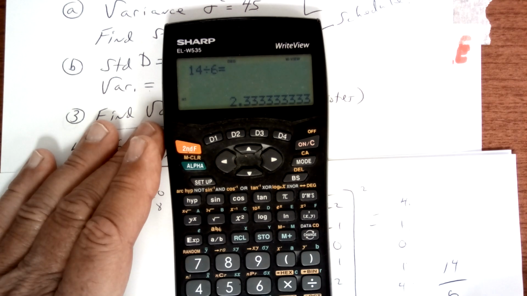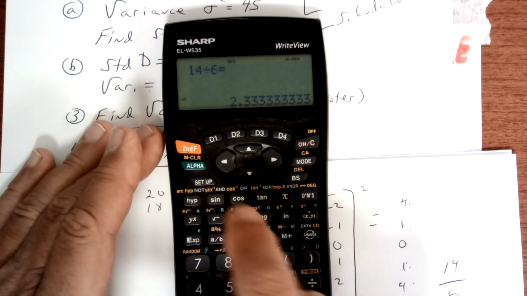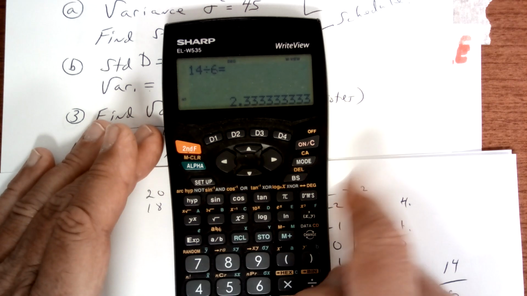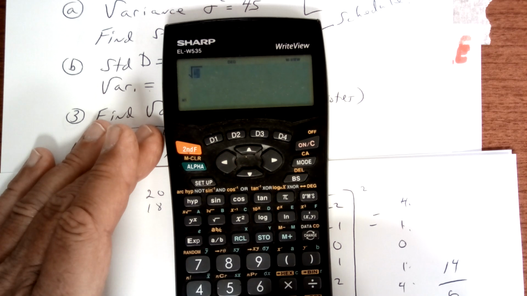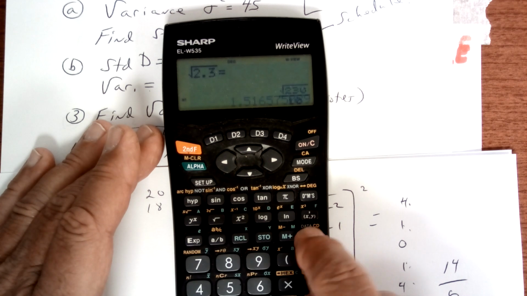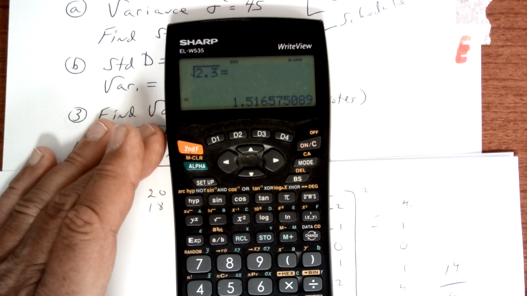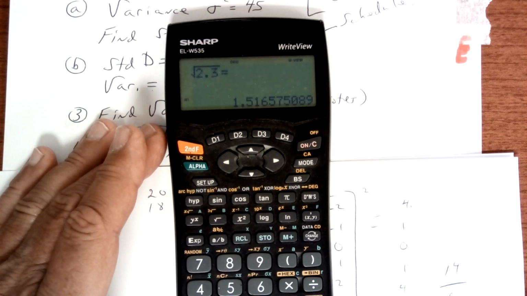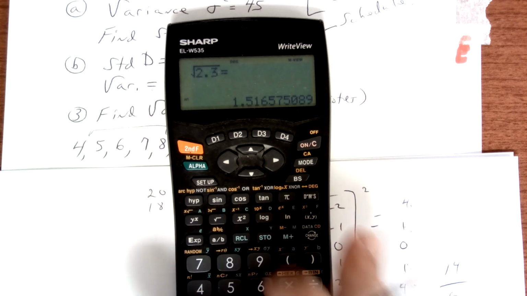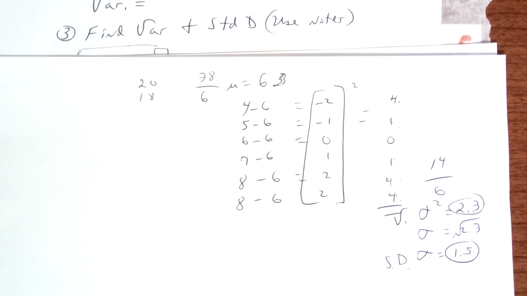And therefore, the standard deviation would be the square root of 2.3, 1.5. Okay, so I got the variance and the standard deviation. Okay, there we go. And just follow the directions on the board. Okay, if you didn't quite see it, there it is.